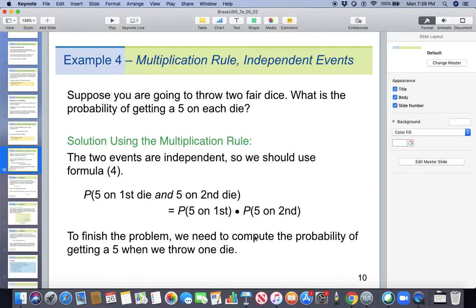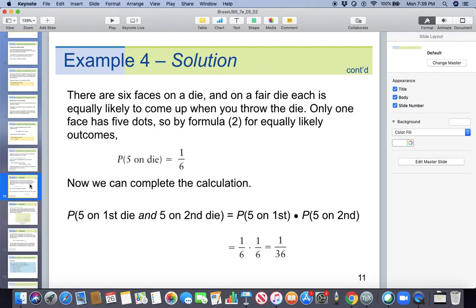Well, to finish the problem, we need to compute the probability of getting a 5 when we throw 1 die. There are 6 faces on a die, and on a fair die, each is equally likely to come up when you throw the die. Only one face has 5 dots.